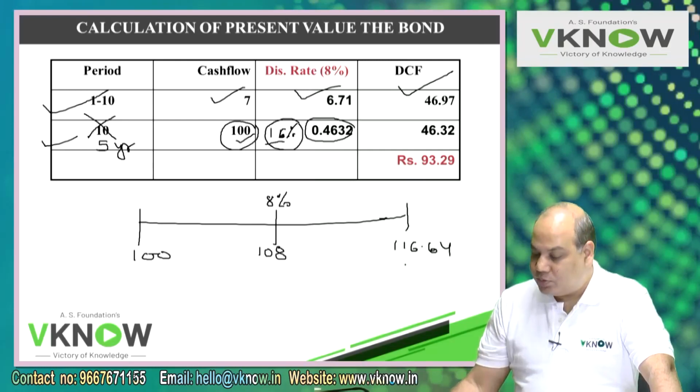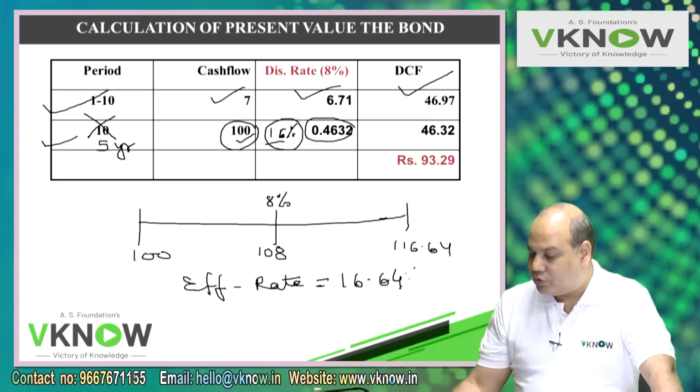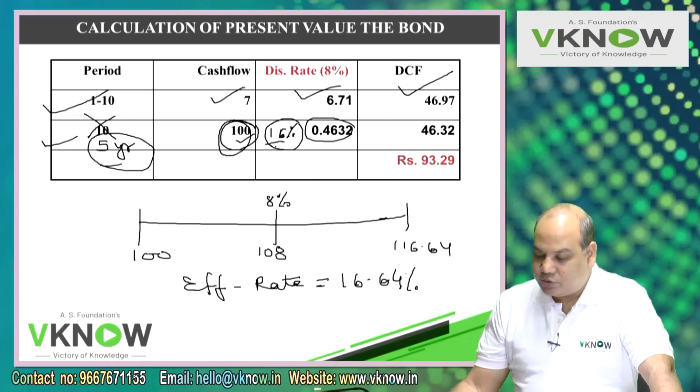Which means my effective rate is not 16%. Now my effective rate for semi-annual problem is 16.64%.